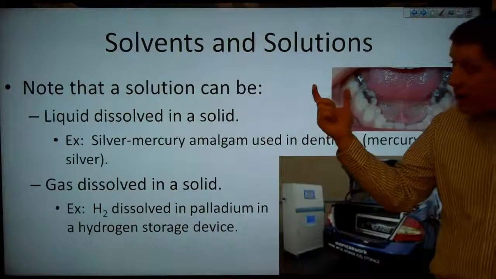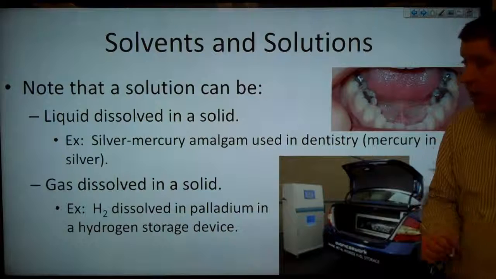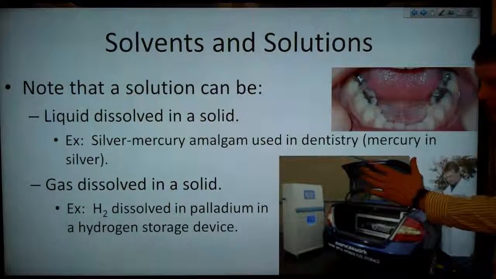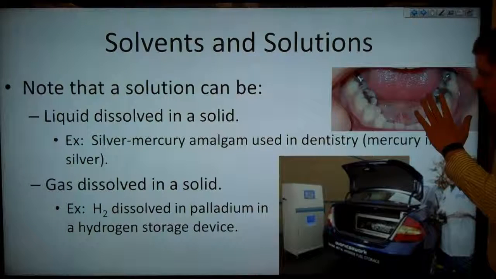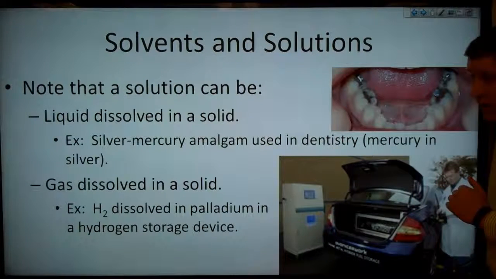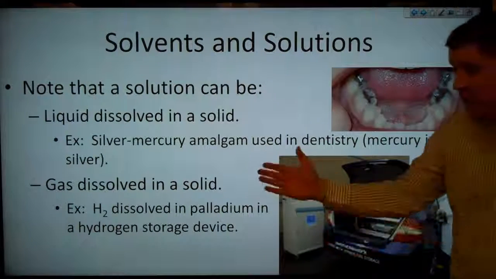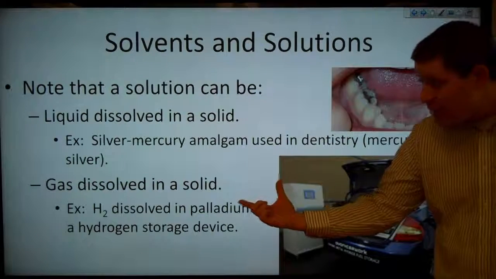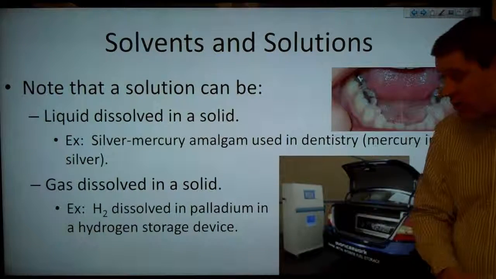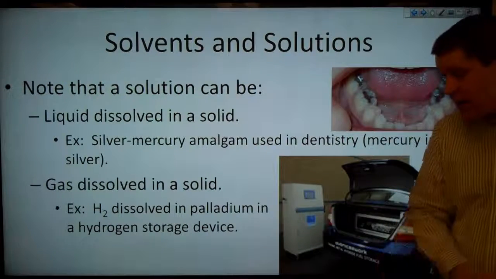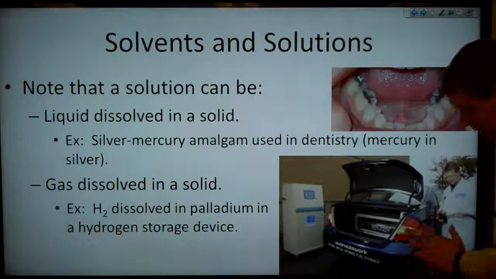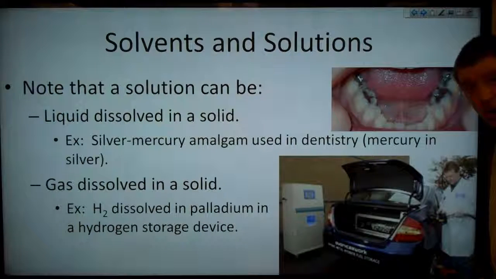A solution can also be a liquid dissolved in a solid. For example, the silver-mercury amalgam used in dentistry. So this is mercury in silver that is used for plugging holes in teeth. A solution could also be a gas dissolved in a solid. For example, hydrogen gas dissolves fairly well in palladium, and it's used then in hydrogen storage devices like in hydrogen-powered cars.